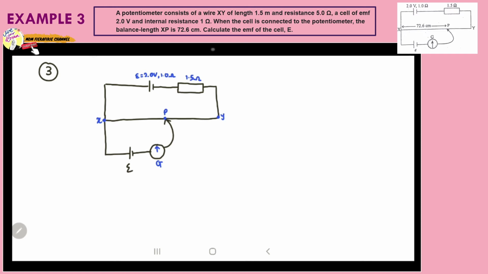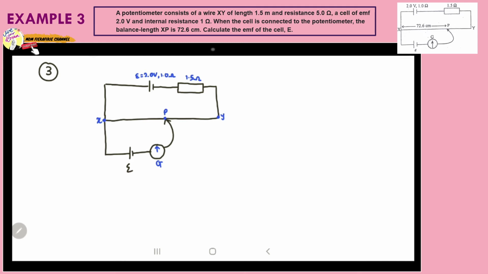Given that a cell of EMF 2 volt has an internal resistance of 1 ohm.